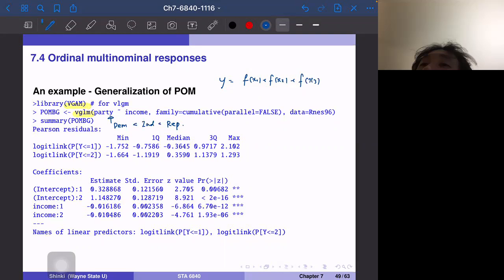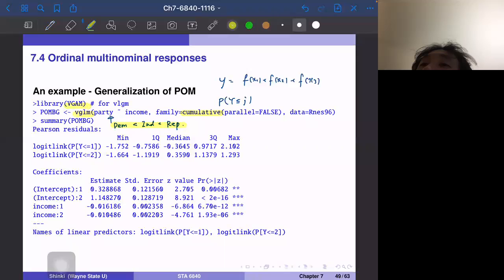So we fit party, the ordinal response variable, by regressing it on the income variable. Then we use cumulative. Since we are calculating the probability that y is less than or equal to j, this is the cumulative distribution function.